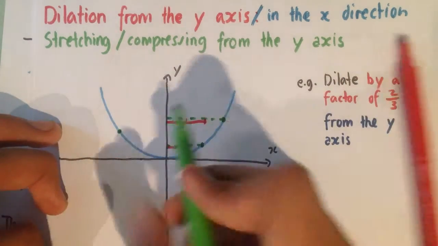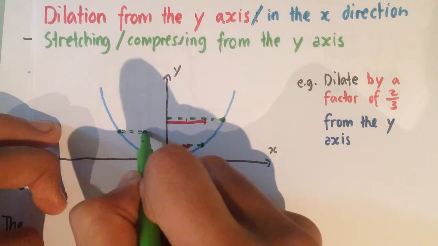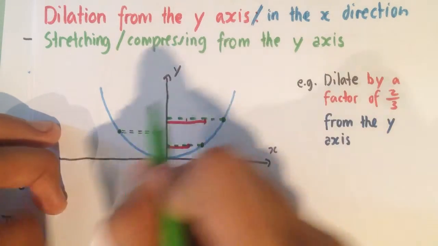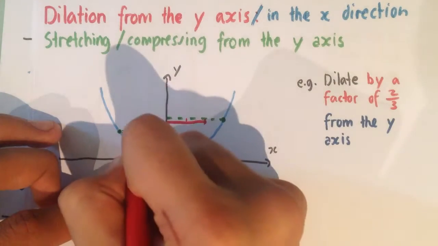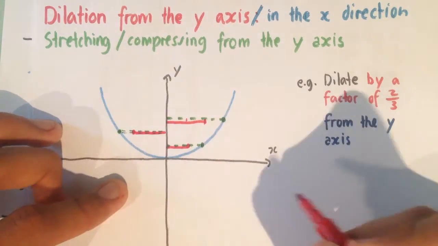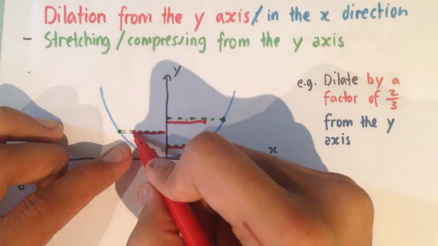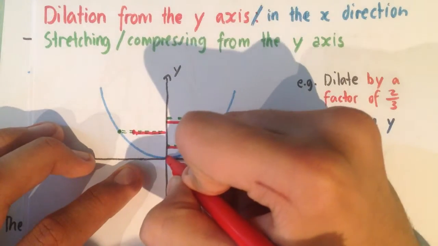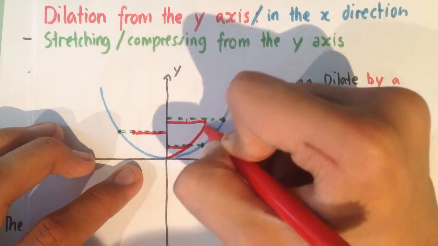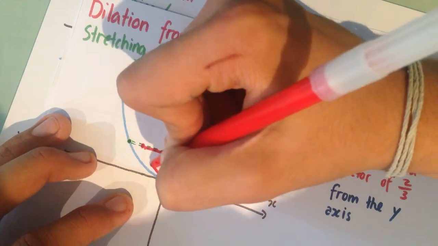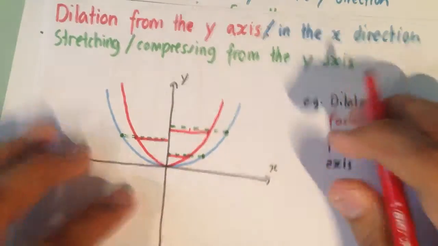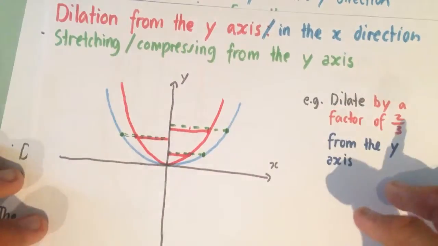Similarly with this point on the left, the distance from the y-axis is that green line. 2/3 of that distance is that red line, and that will be the new point there. So the new graph will look like that. It's just been compressed from the y-axis. It's just been pushed this way.